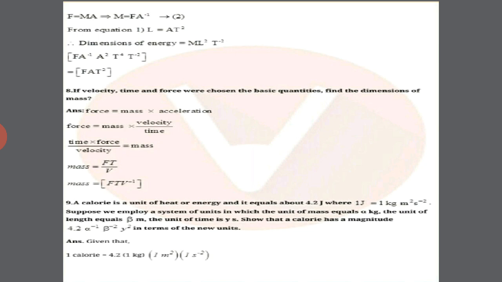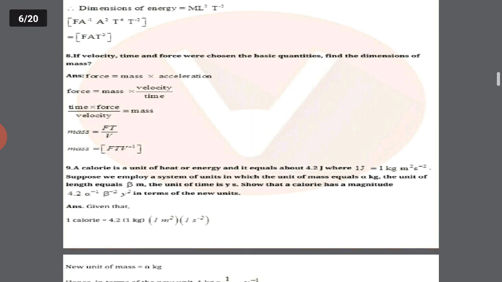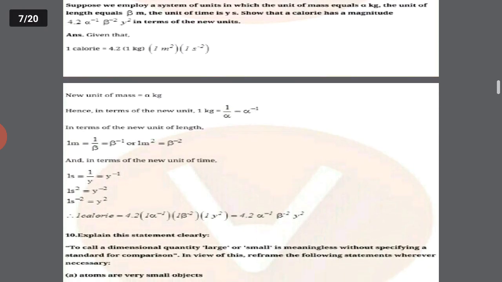So the given is 4.2, 1 kilogram, 1 meter square, 1 second inverse minus 2. Let's move further. In new units, mass is equal to alpha kilogram. Hence, in terms of new units, 1 kilogram is equal to 1 by alpha, it is alpha inverse. 1 meter is 1 by beta, beta inverse, so 1 meter square is beta to the power minus 2.